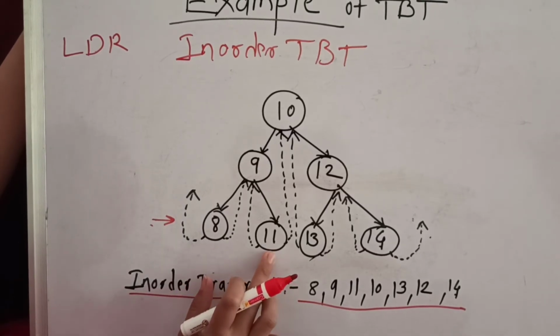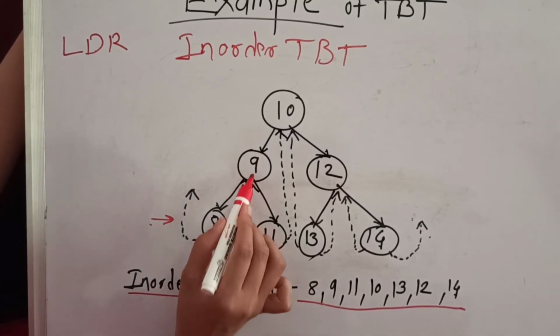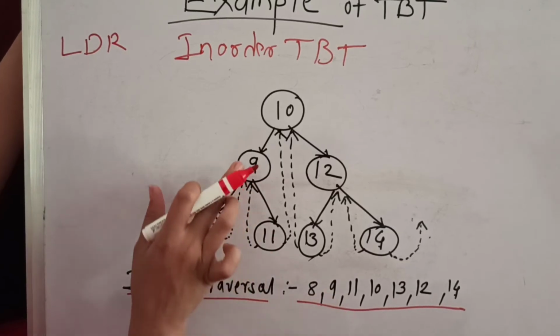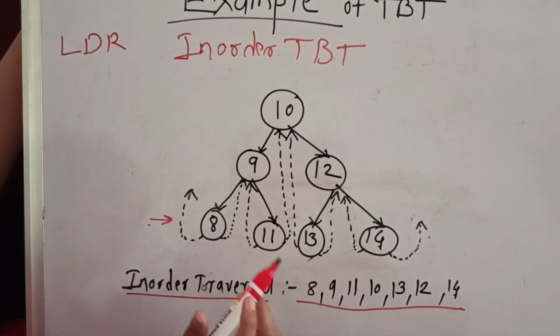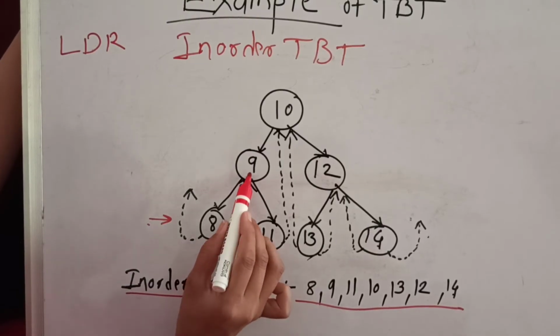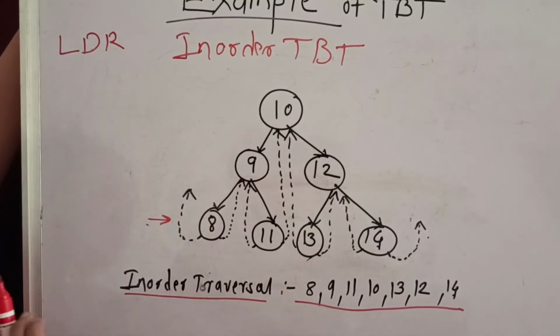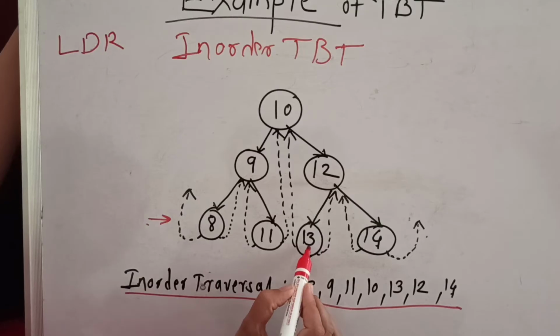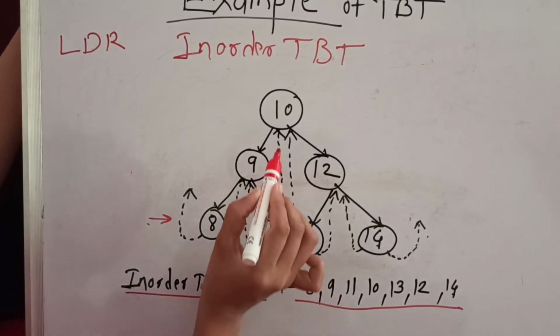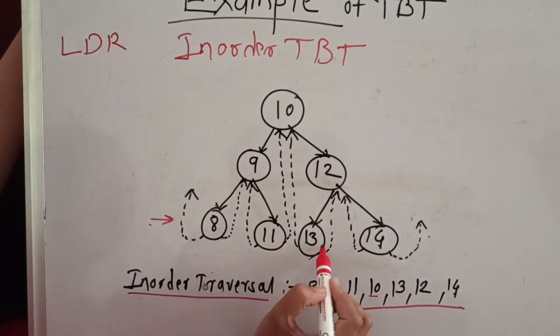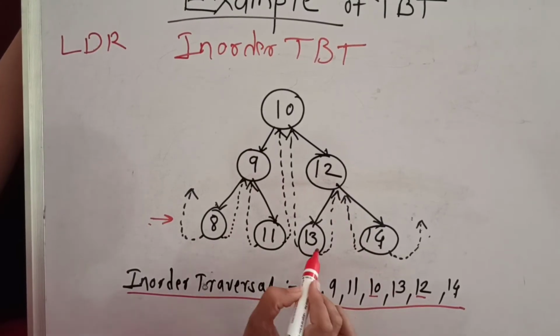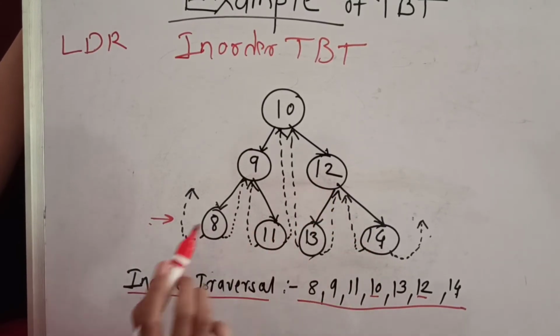Now for 11, 9 is the predecessor element and 10 is the successor element, so the left thread is set to 9 and the right thread is set to 10. Same thing for 13: 10 is the predecessor element and 12 is the successor element, so the right thread is set to 12.